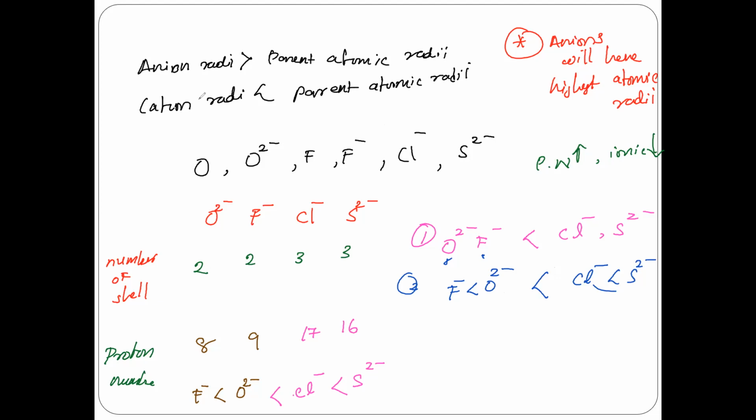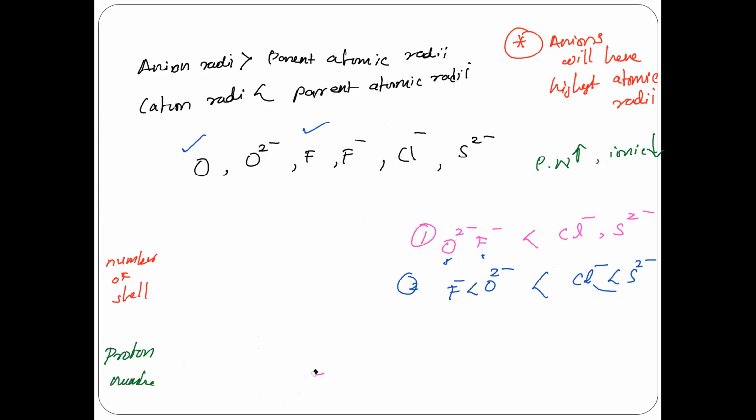Now, let's take the oxygen and fluorine atoms. The same set of rules can be applied and you can find the answer. So we have found the answer. Here you have now oxygen and fluorine.